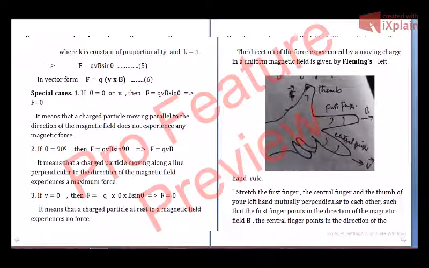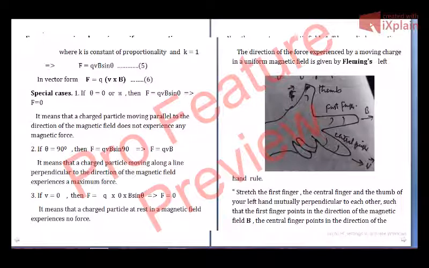So we find that if a charge is moving in a magnetic field, it must be moving at right angles to the direction of the magnetic field, then it will experience a force. If it is moving parallel, that is if theta is equal to 0, then as theta increases from 0 to 90, the force will also increase and will become maximum when theta becomes 90.